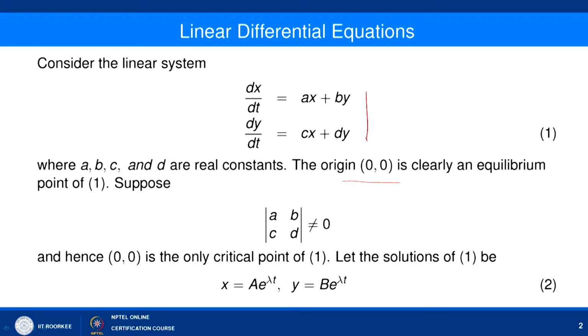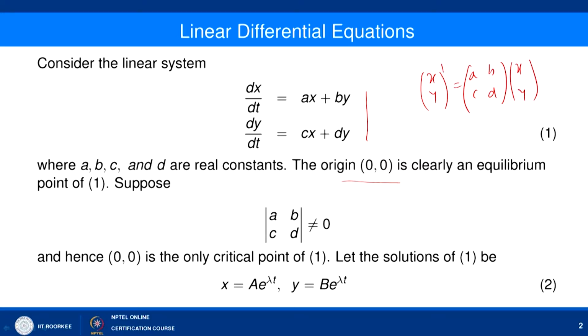So, for that you simply assume that x equal to a e to power lambda t and y equal to b e to power lambda t be a possible solution, and then try to find out the solution of this. In fact, if I simply denote this x y as a vector, then it is nothing but the matrix a, b, c, d times x y, written here.